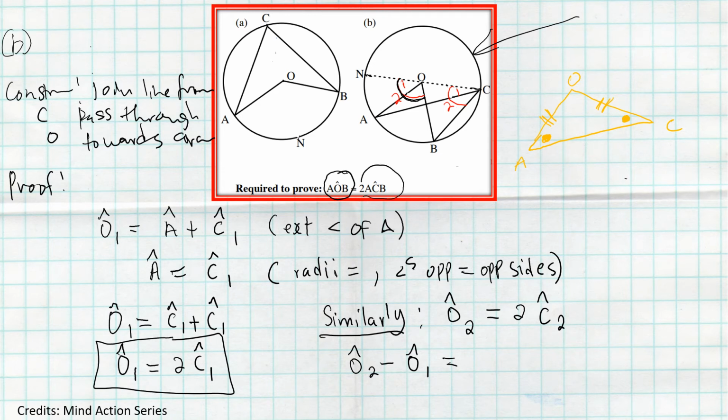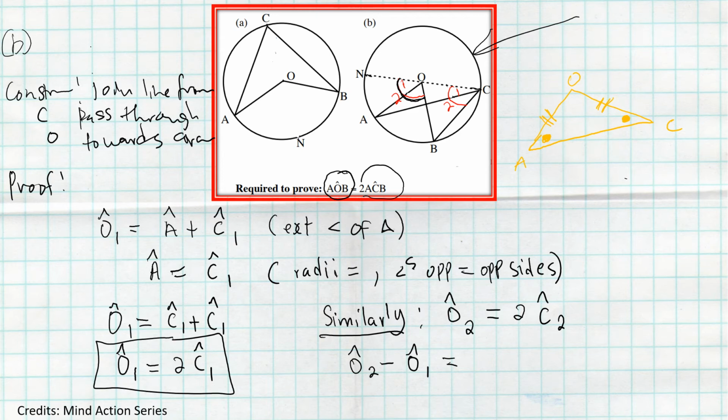This is quite different from diagram 1, because in diagram 1 we just added them and they gave us that angle there, which is AOB. But if you are given a diagram like this, you must be very careful because of your construction and naming, so that you can prove that. So angle O2 minus O1 is actually AOB, because of how we did our construction.